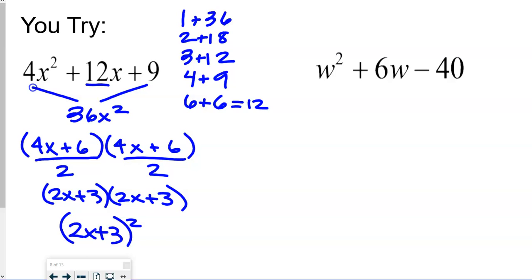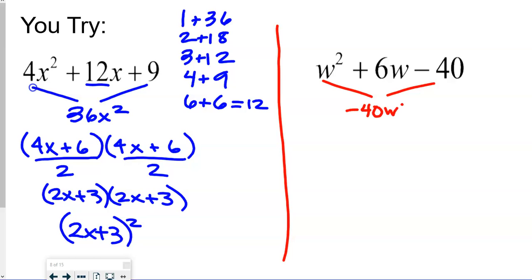All right, let's work our other one. So here again, we're going to multiply first and last, negative 40 w squared, okay? So we're looking at our factors of 40. It's got 1 and 40, 2 and 20, 4 and 10, 5 and 8, right?